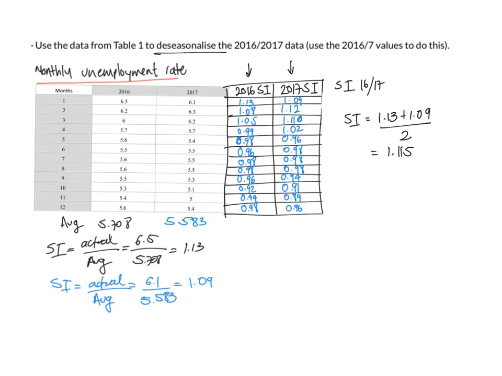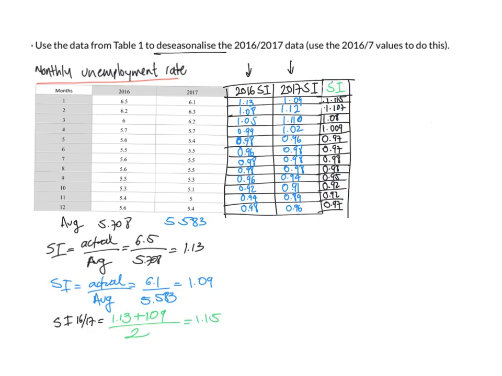Then you do the same for every month, and this is what you get. This is what it looks like at the end, the overall seasonal index of 2016 and 2017.